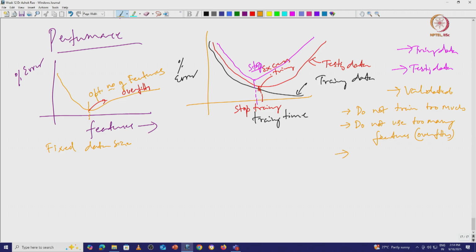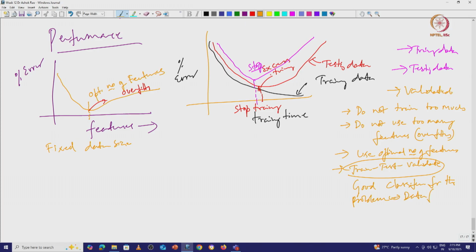Then use optimal number of features. Okay. Then this cycle of train, test, validate. This is what tells what is a good classifier, classifier for the problem and the data.